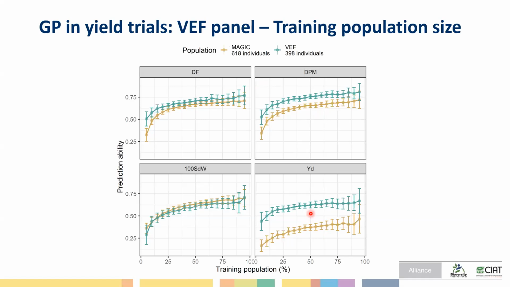This is regardless of the fact that the two populations have different numbers of individuals. For example, the MAGIC population has 600 individuals, and the BEF population has only 400 individuals.